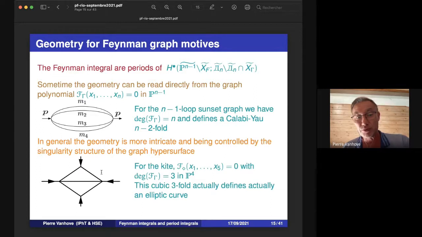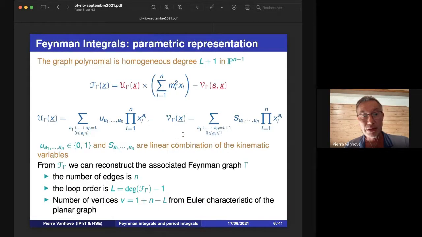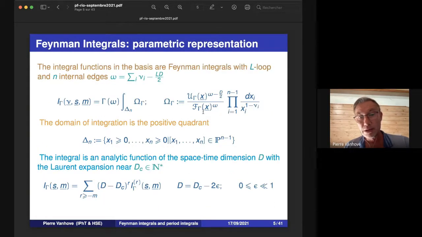But you see how non-generic it is: in general, an object of two-loop type has a homogeneous polynomial F in my integral of degree 3 in P^n, and n can be 2, 3, 4, 5, as large as you want. There is a Feynman graph for that, with a homogeneous polynomial of degree 3.